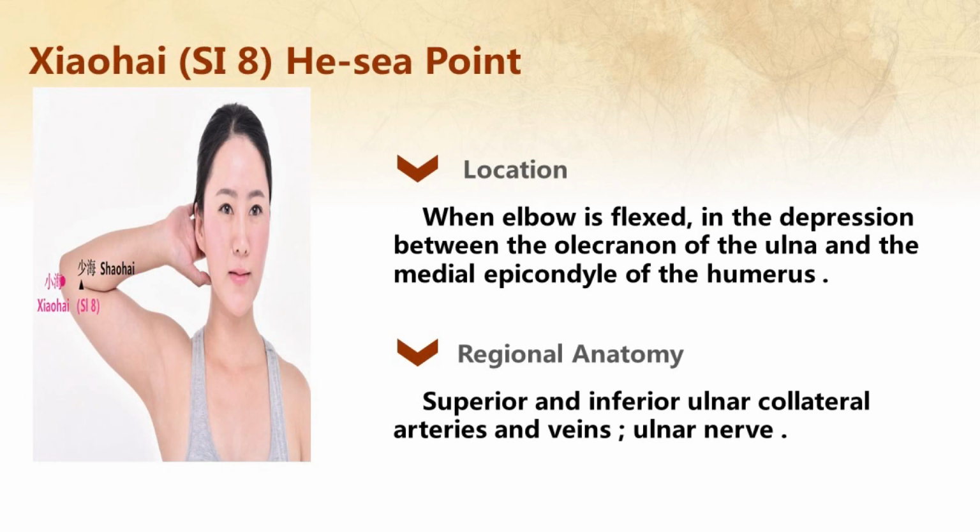The fourth point is 小海. The acupoint is located, when the elbow is flexed, in the depression between the olecranon of the ulna and the medial epicondyle of the humerus. The location of this acupoint contains the superior and inferior ulnar collateral arteries and veins, and the ulnar nerve.